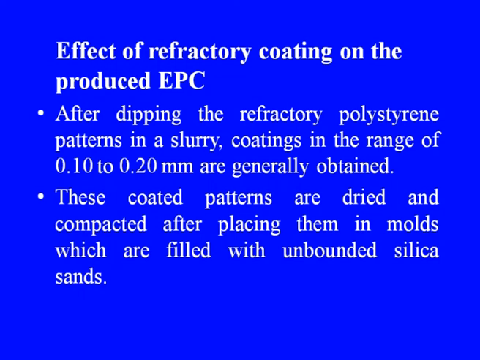After dipping the refractory polystyrene in a slurry, coatings in the range of 0.1 to 0.2 millimeter are generally obtained. These coated patterns are dried and compacted after placing them in the molds, which are filled with unbonded silica sand.